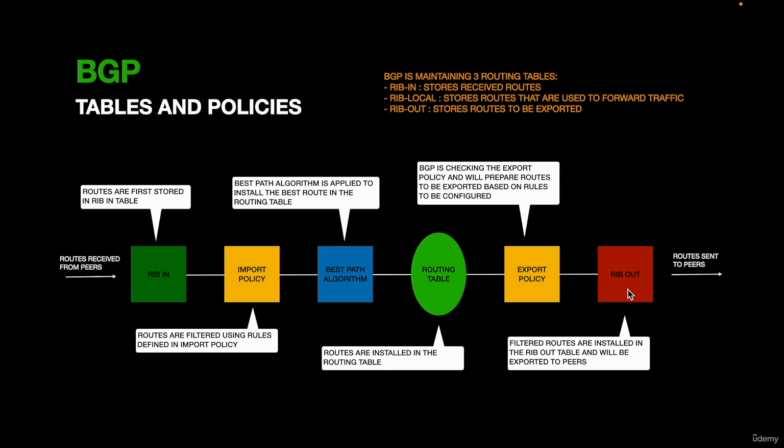They are also the routes which are exported and filtered using export policy. And from RIB-out, the routes are being sent to BGP peers. Basically, RIB-in stores received routes, RIB-local or routing table are the routes that are used to forward traffic, and RIB-out stores routes that need to be exported.